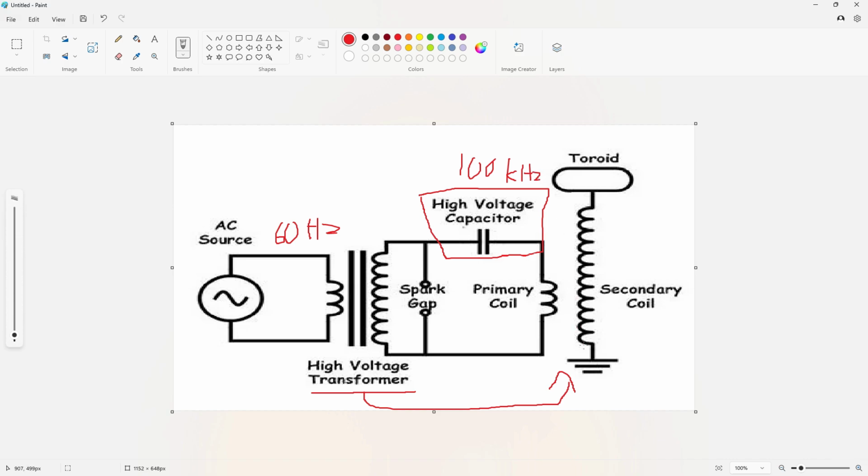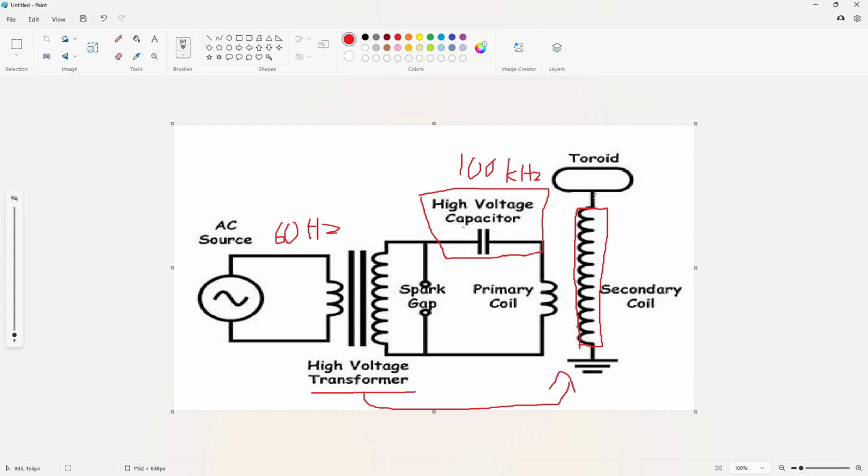The reality is, this is another reason why you have a ton of windings on your Tesla coil: not only to increase the amount of voltage that gets transferred through the air while it's climbing up here, but it also increases the frequency. The frequency will likely get an order of magnitude even higher once it reaches the Tesla coil, even into the megahertz range.